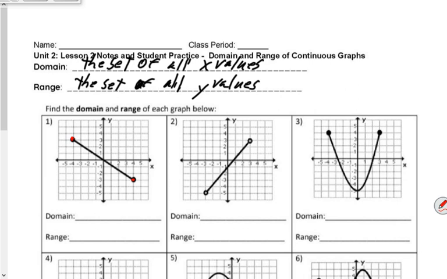It stops at this x value, which is -4, and goes up to this value, which is +4. So it goes from -4 all the way up to 4, and all the other little x values in between those are part of this function.